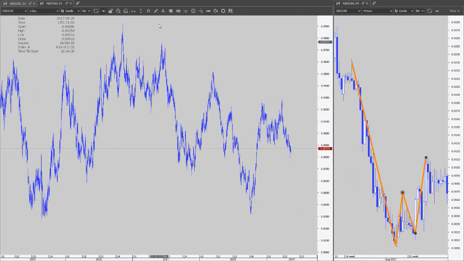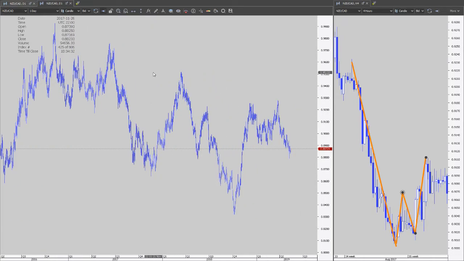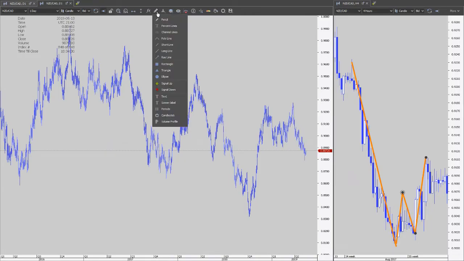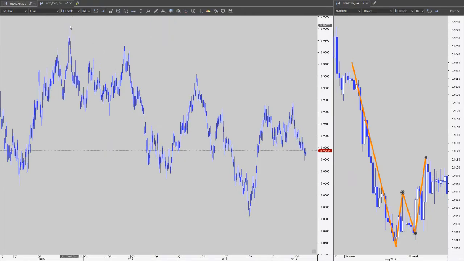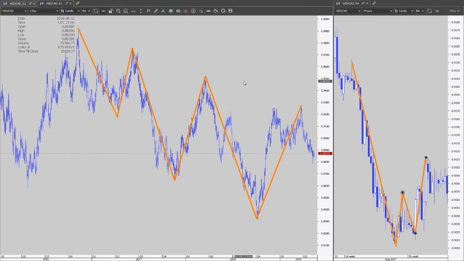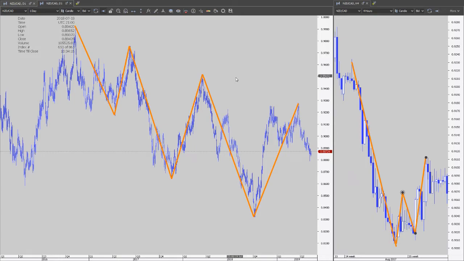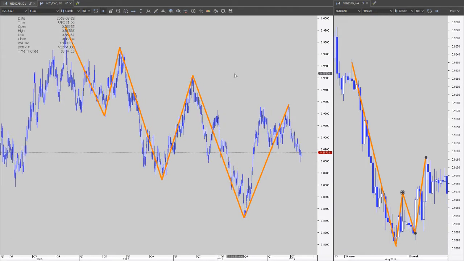So if this is the NZDK daily chart, structure is this: high, low, high, low, high, low, high. This is structure on the daily chart on NZDK.